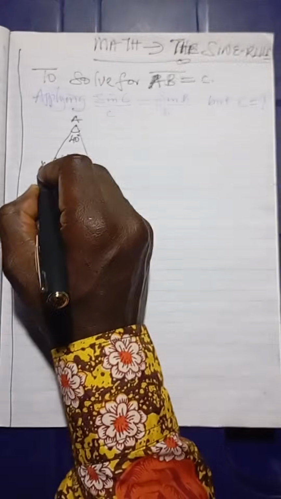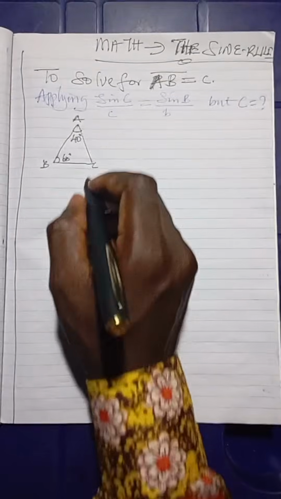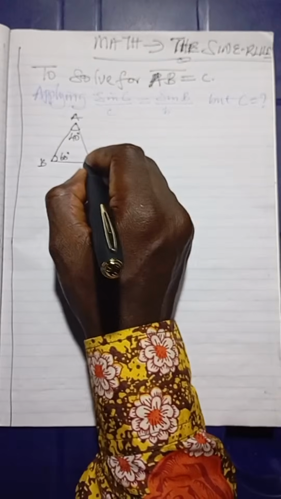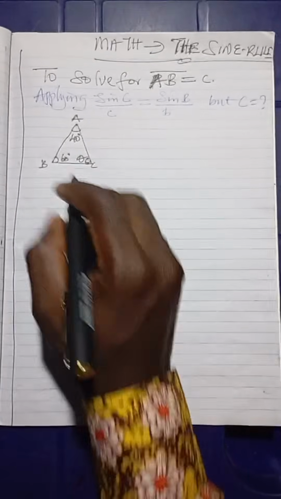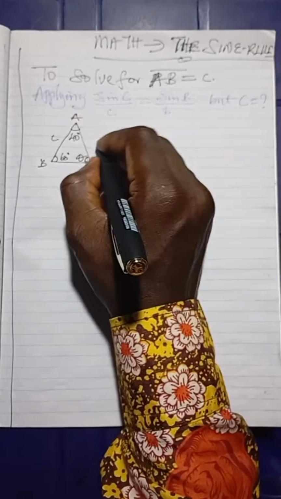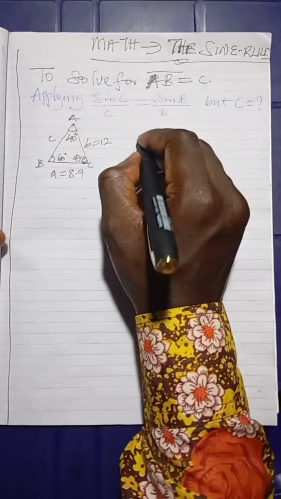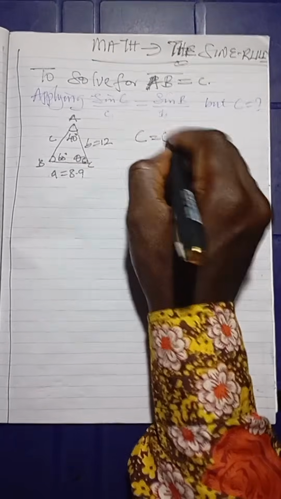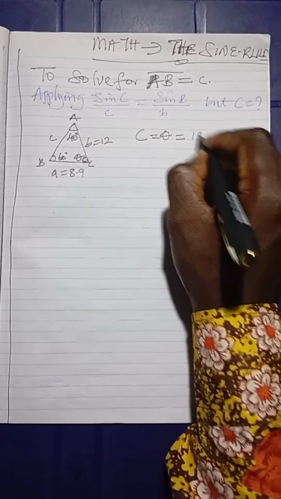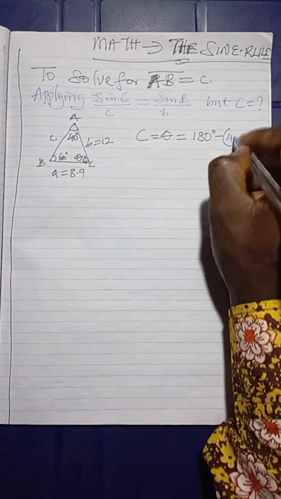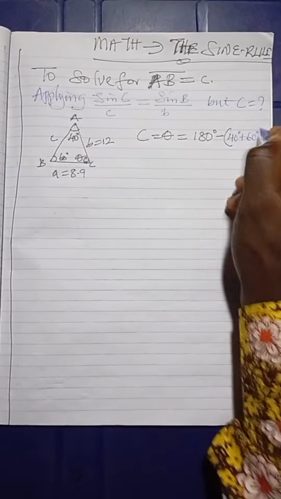This is your A, this is your B, and this is your C. So we can find this angle here, call it theta. All right, so C, which is theta, is equal to 180 degrees minus brackets 40 degrees plus 60 degrees.